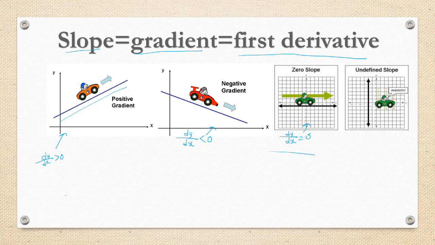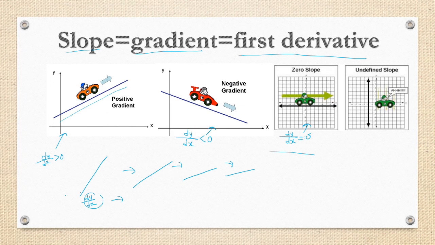Now let's take a look at this. Initially, let's say I have a slope like this. The gradient of this line should be quite large because it is quite steep. Let's say this line is becoming more and more like this. What happens to the value dy/dx? Is it increasing or decreasing?